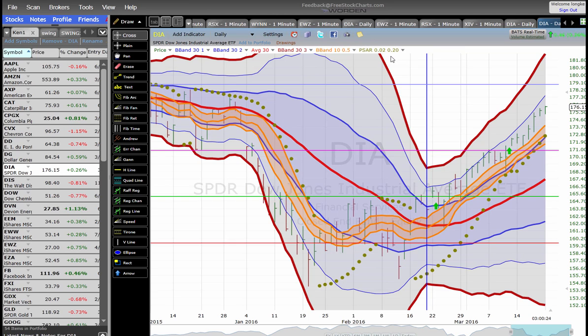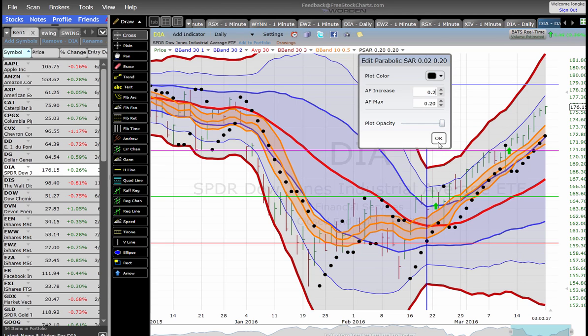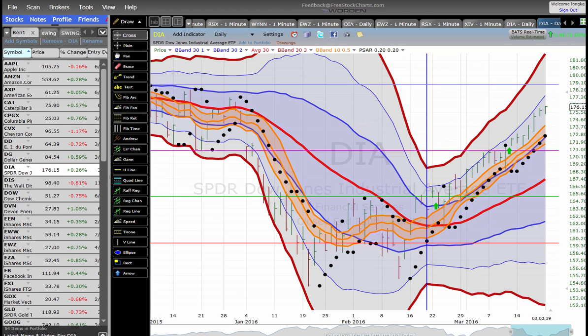And I like 0.2 and 0.2, and I like showing that as black dots. This turns out to be a very tight stop when it's trending.